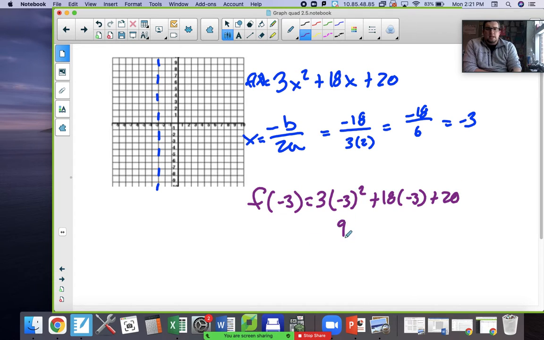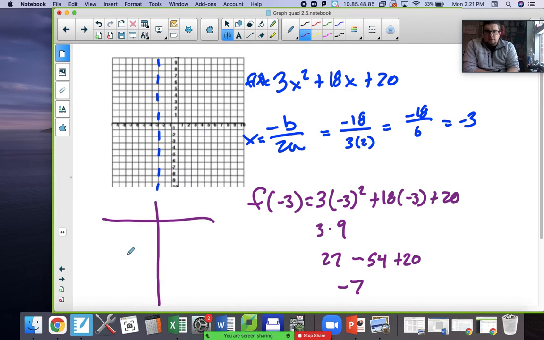Negative 3 squared is 9. 9 times 3 is 27. Minus 54 plus 20. If I do my math correctly, that is negative 7. So our vertex is at negative 3, negative 7.